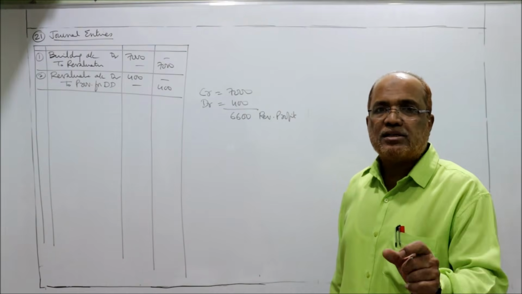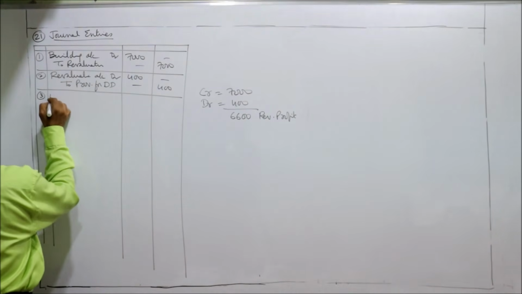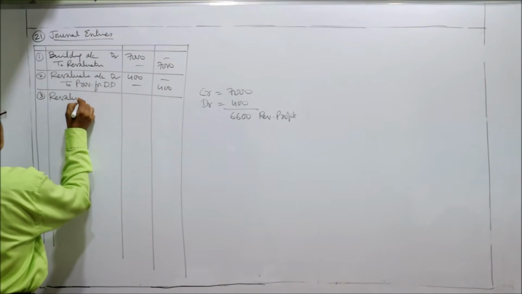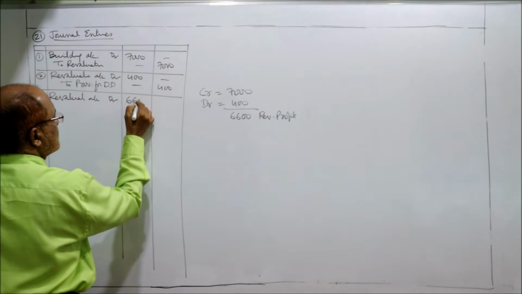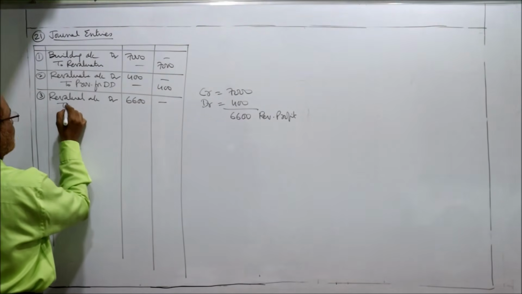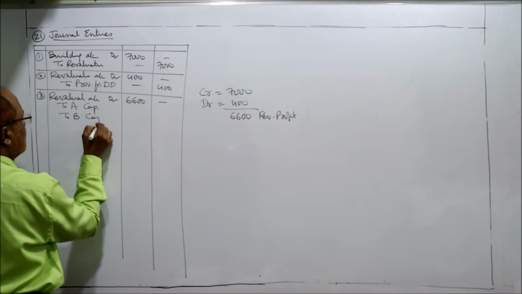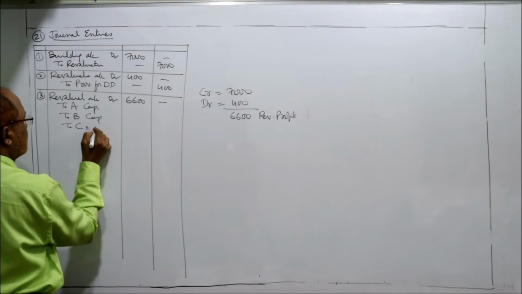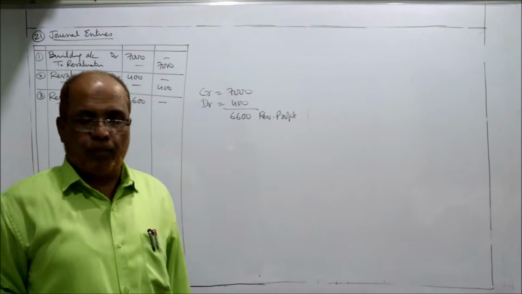तो एंट्री क्या होंगी इसकी? रीवैल्यूएशन अकाउंट डेबिट. हाउ मच इज द रीवैल्यूएशन प्रॉफिट? 6,600 टू A's कैपिटल, B's कैपिटल, C's कैपिटल. In which ratio? Old profit sharing ratio.